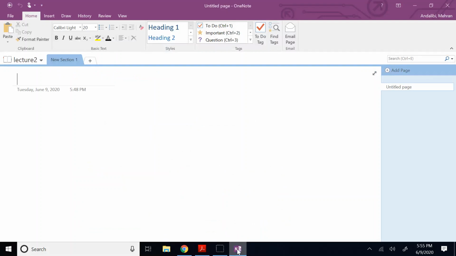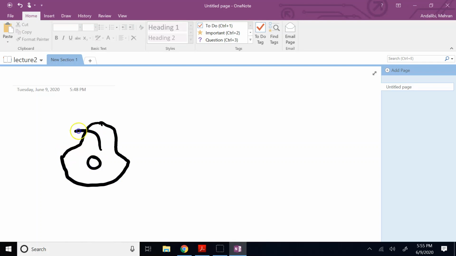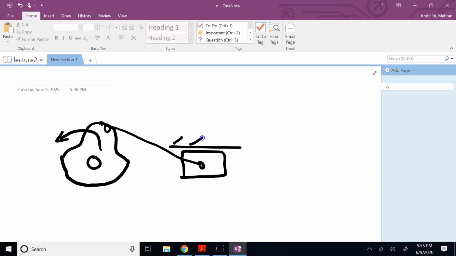So if you know the engine of a car, you basically have something like this. This is the crankshaft that is rotating, and connected to the crankshaft I have a member, right? And then connected to the end of that member I have a piston that moves inside a cylinder, correct?